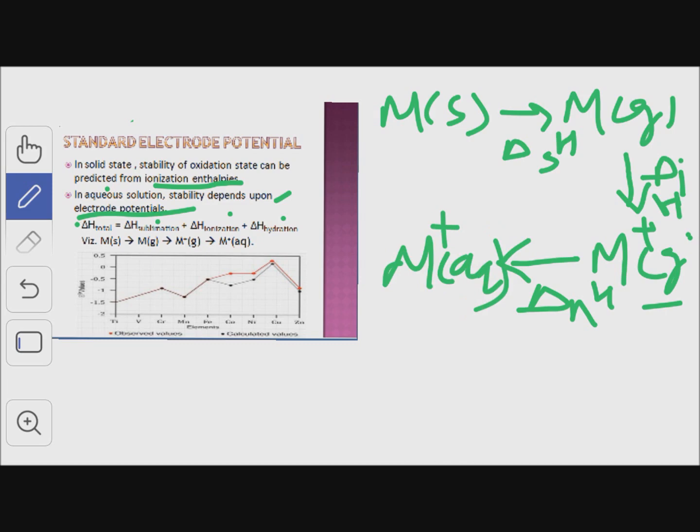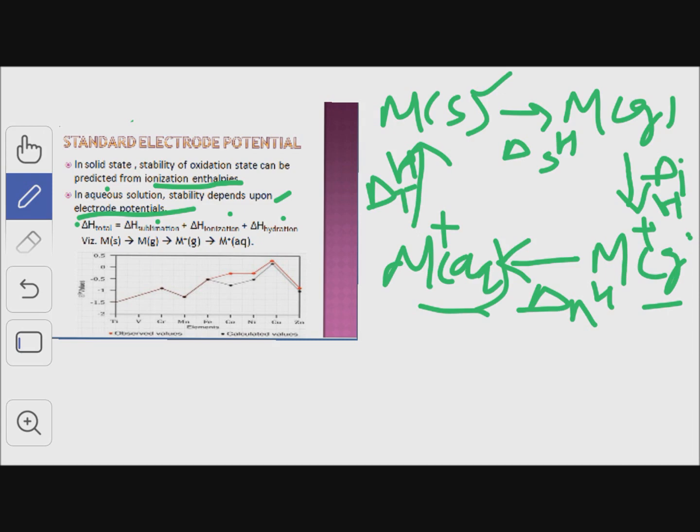And the sum of all the three enthalpies is the total enthalpy, which is required to convert the solid metal into a metal monovalent cation in aqueous solution.